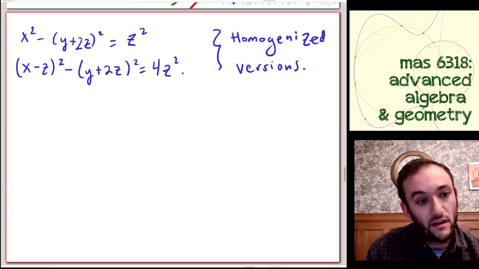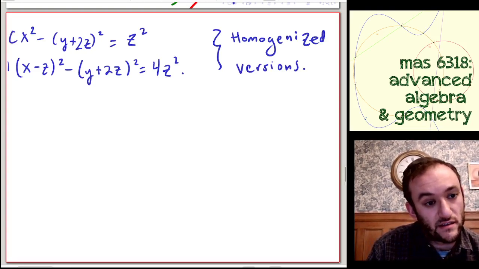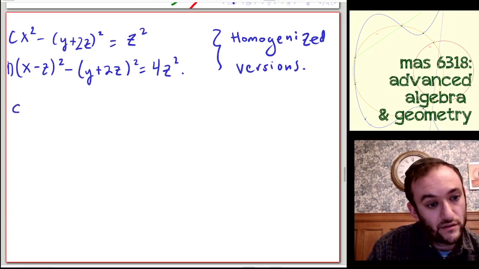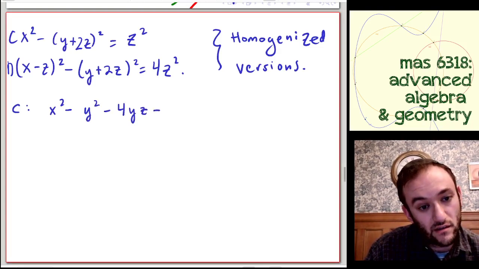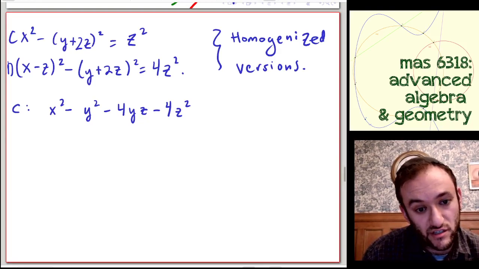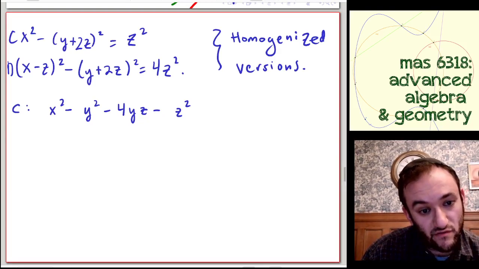Okay, now let's simplify. So this is our c and this is our d. So for c, we'll get x squared minus y squared minus 4yz minus 4z squared equals z squared. So I'm going to just subtract that over to the other side, and this becomes minus 5z squared equals 0.